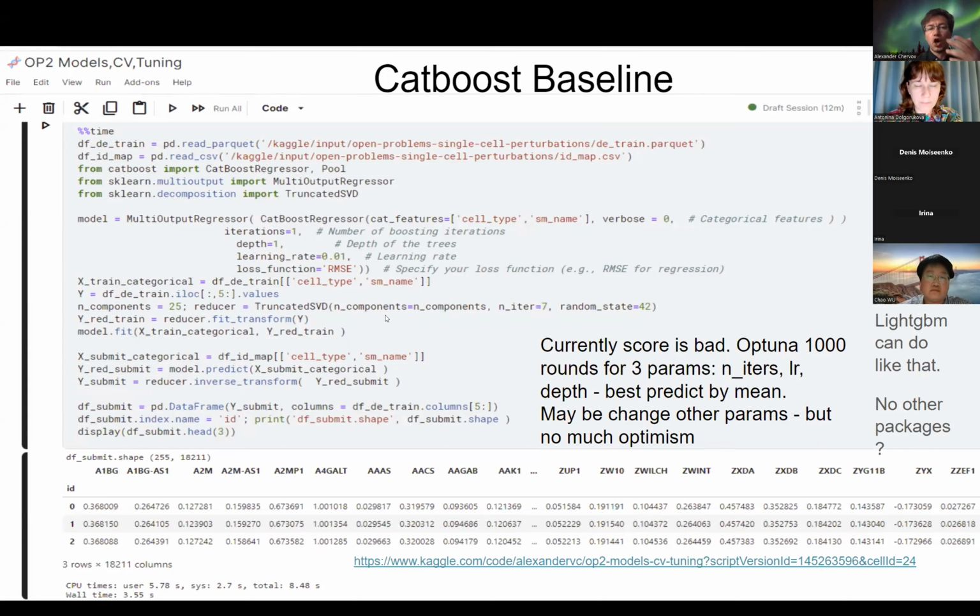We think that smaller components of this PCA or truncated SVD mainly contain noise, which you're unable to predict, and you don't need to predict the noise. That's why this trick is always used, and typically it gives improvement of the model. So this way you predict only important targets, and all the others get zeros. You think the others are noise which you will not be able to predict anyway.